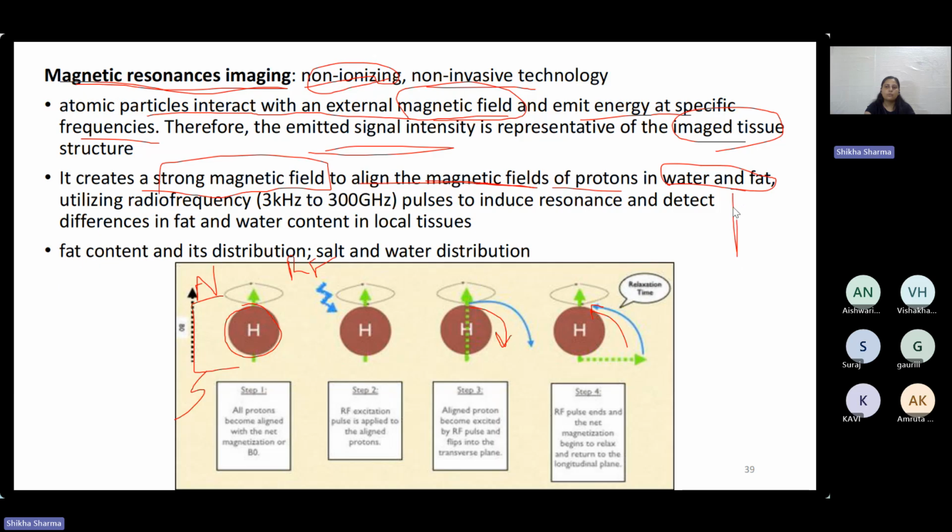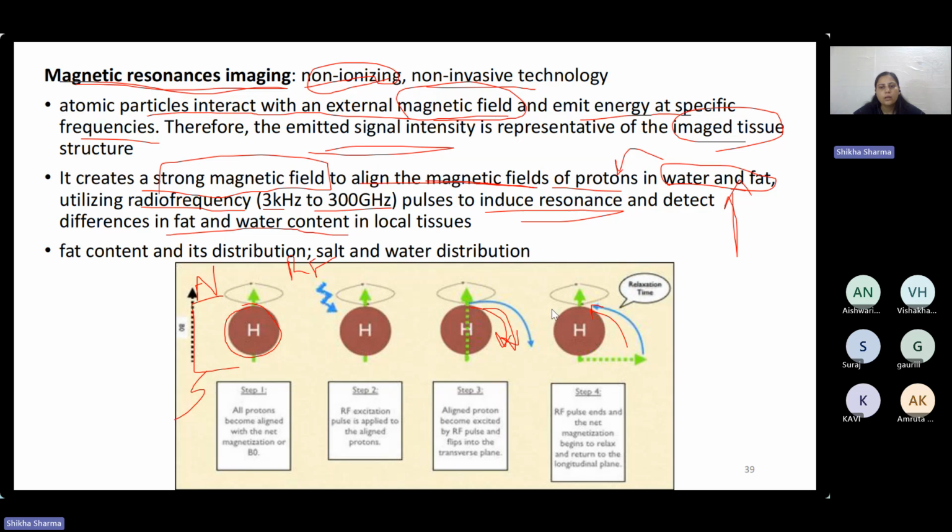In food product, we have water and fat, and in the water and fat we have protons. When the protons get the magnetic field, they align in a certain direction. After that, the radio frequency, which is in the range of 3 kilohertz to 300 gigahertz, will come and induce resonance, and the protons in the fat and water will change from their position.